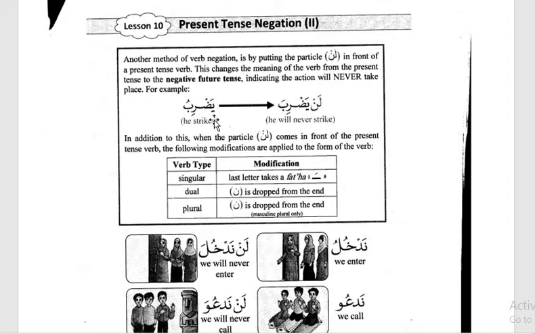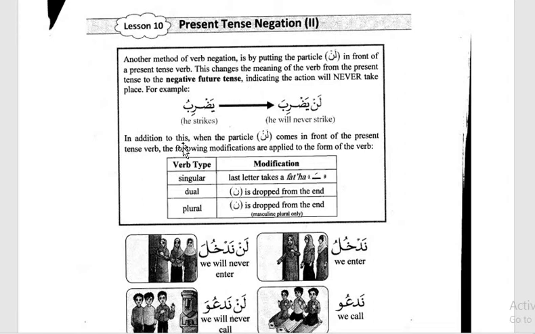Let's have an example. يضرب, which means he strikes. When we add len, it becomes لن يضرب. From these two words, لن يضرب, we understand that the meaning has been changed into negative future tense.